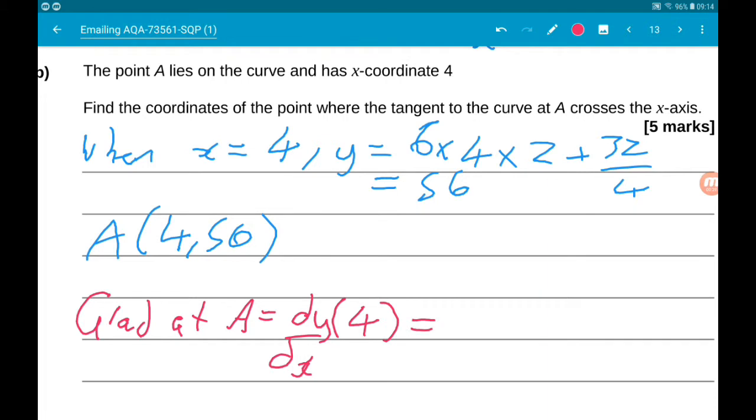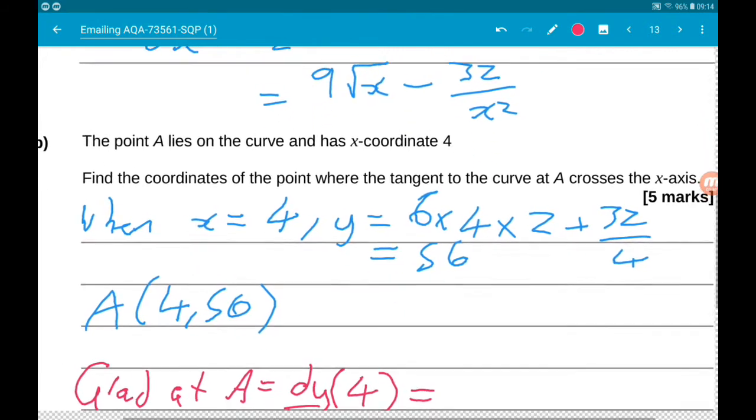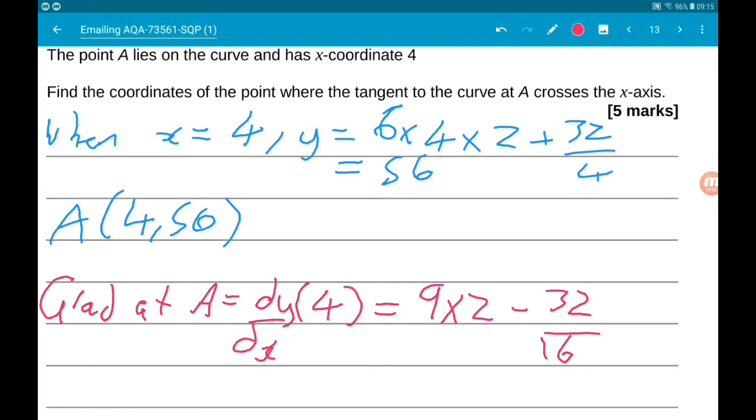So we're substituting x equals 4 into our derivative. Now our derivative was 9 root x minus 32 over x squared. So that's 9 times 2 minus 32 over 16. So 9 times 2 is 18, 32 over 16 is 2, so we've got 18 minus 2, which is 16.